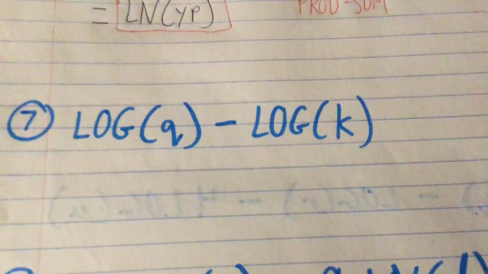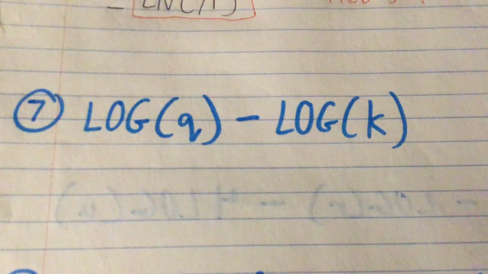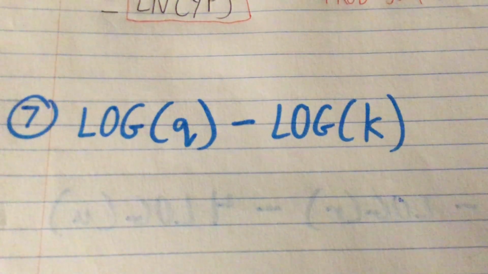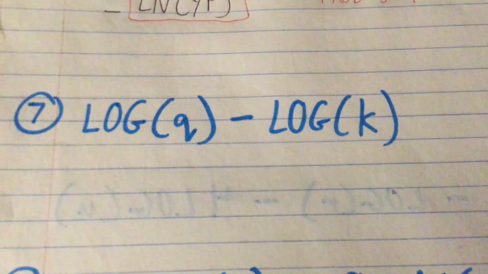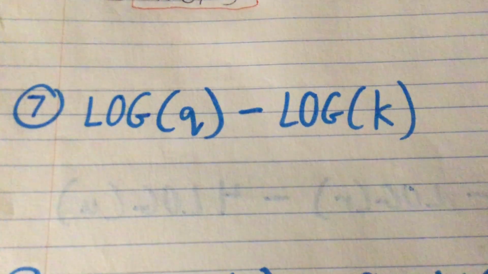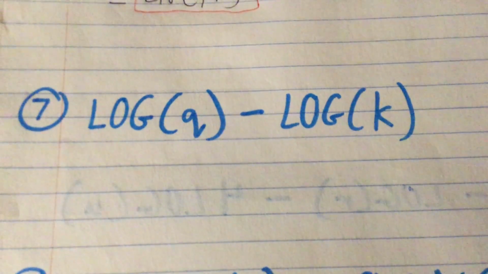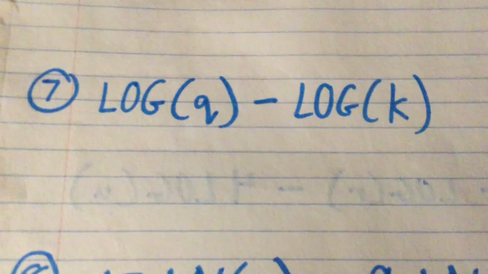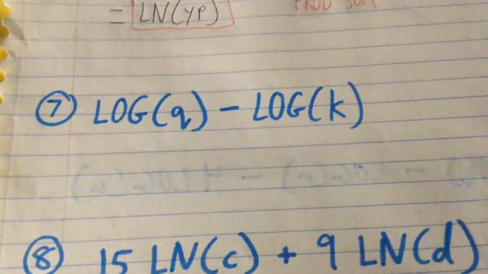The log of q minus the log of k. What happens if it's subtraction expanded? How do I bring it back together? Well, if it's subtraction expanded, it can be brought together with division with the quotient difference rule.